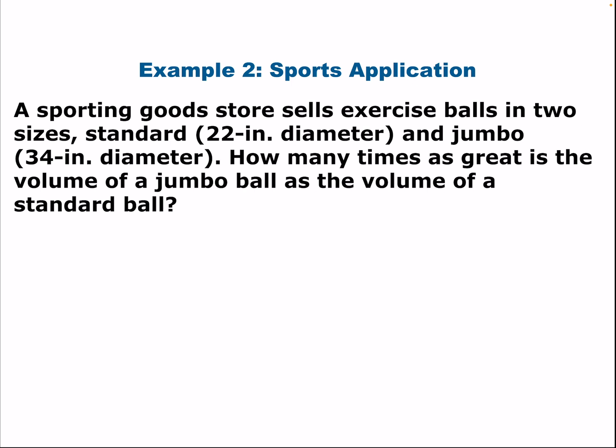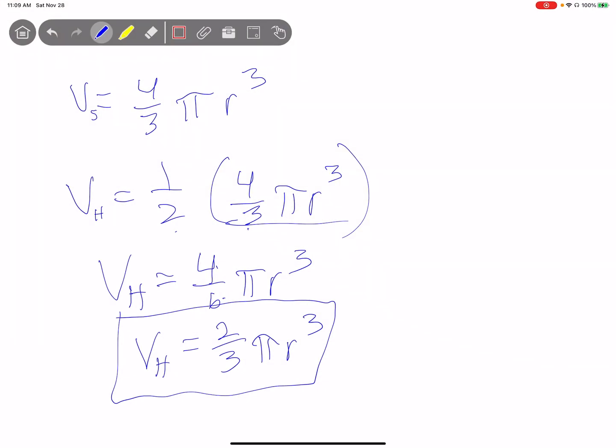Well, there are 2 ways of doing this. We could solve all of this and do the 2 volumes, divide, or we can figure out our scale factor. Remember, all spheres are similar to each other.